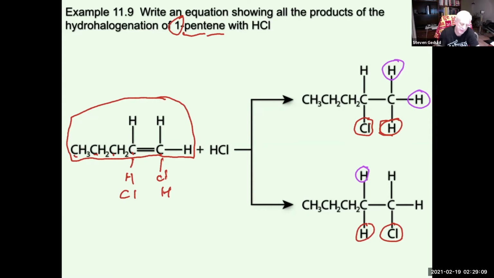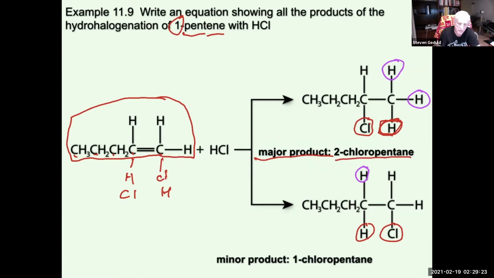Chloropentane or 1-chloropentane. You got it. So your major product is where hydrogen has more hydrogen. The hydrogen attaches to the carbon with the most hydrogens already attached. And that's 2-chloropentane. Bottom one is your minor product. And it's 1-chloropentane or chloropentane. Either way is fine. Okay, where the chlorine is at the number 1 position. Because this hydrogen here, there's only 1 hydrogen attached to the carbon, whereas the other one had 2 attached to it.